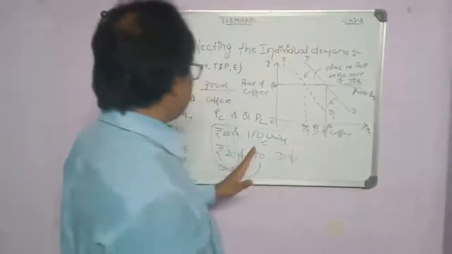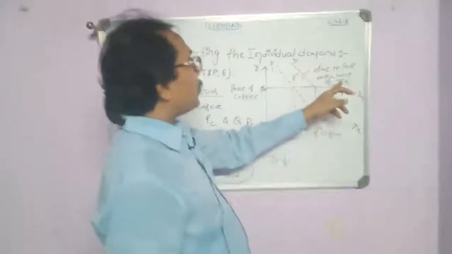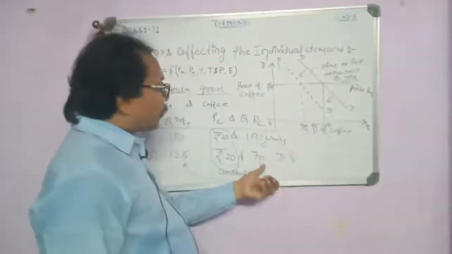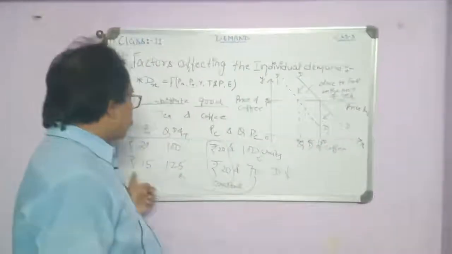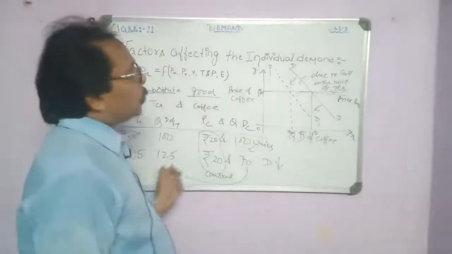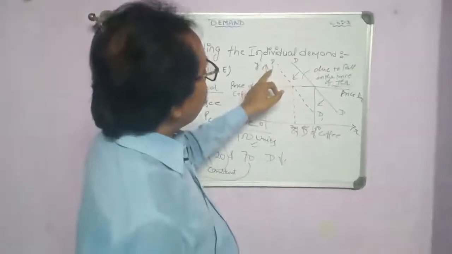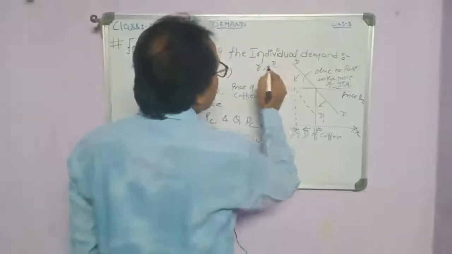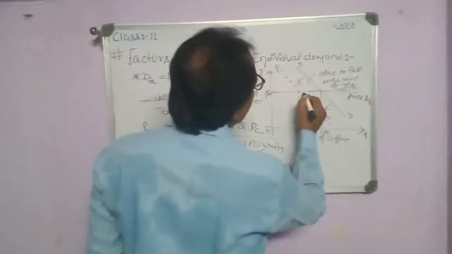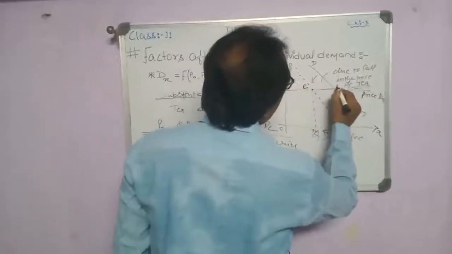But due to the fall in the price of tea, some of the people who were using coffee moved towards tea, and due to that the demand curve shifts leftwards and the new demand curve is D1, which intersects the price line at point E1.